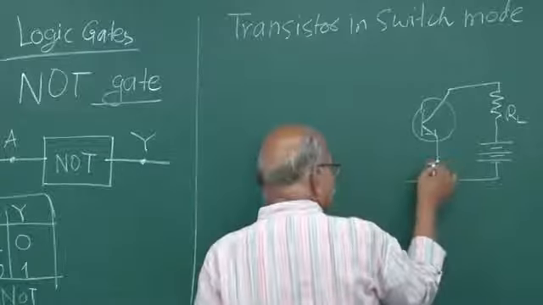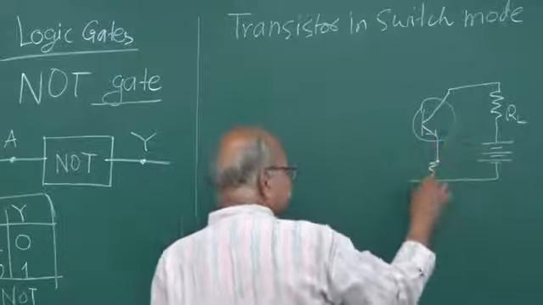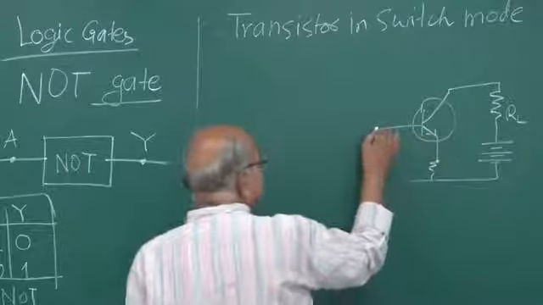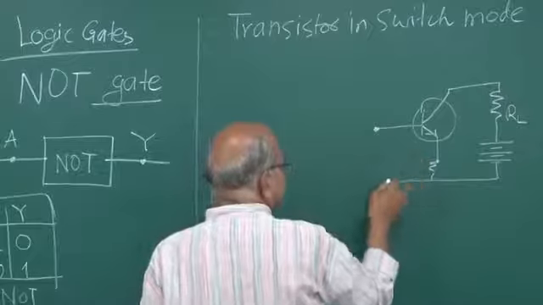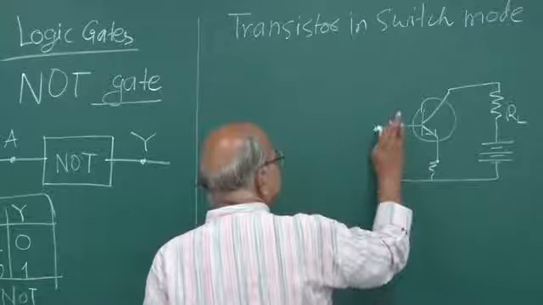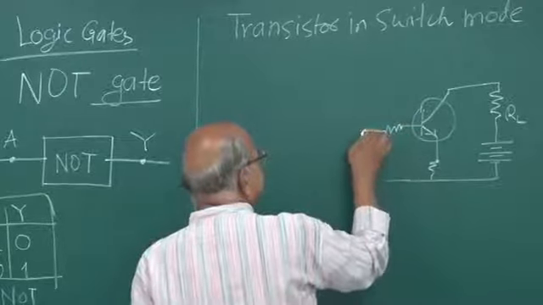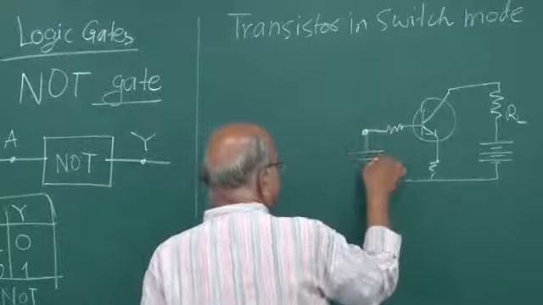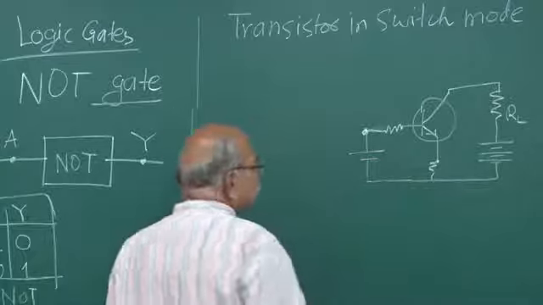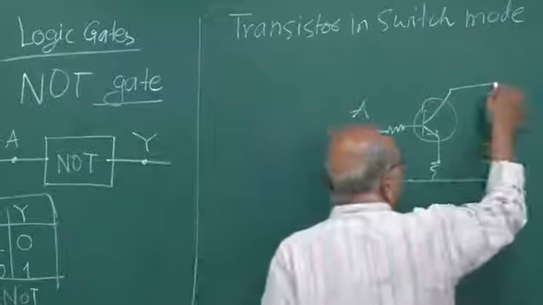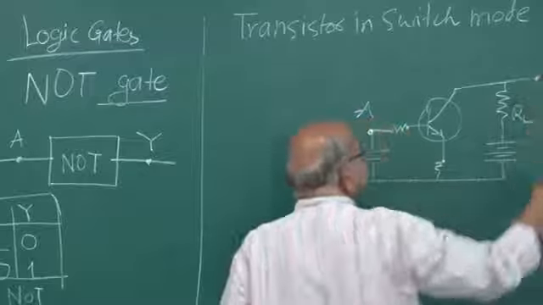You put some resistances, some capacitances, all those things I am not showing. And then here is the input. You can put a resistance here, and this is the input point A, and you can take your output from here. This is the point Y.